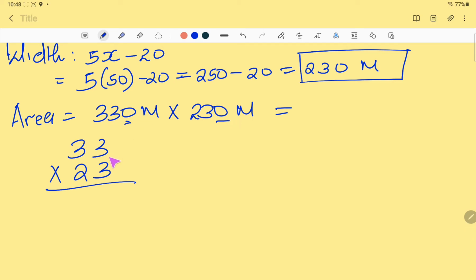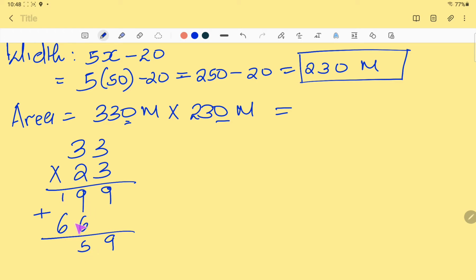Okay, so this will be 9. 3 times 3 is 9. 3 times 3 is 9. 3 times 2 is 6. 3 times 2 is 6. Then we add, it will be 9. 9 plus 6 is 15.